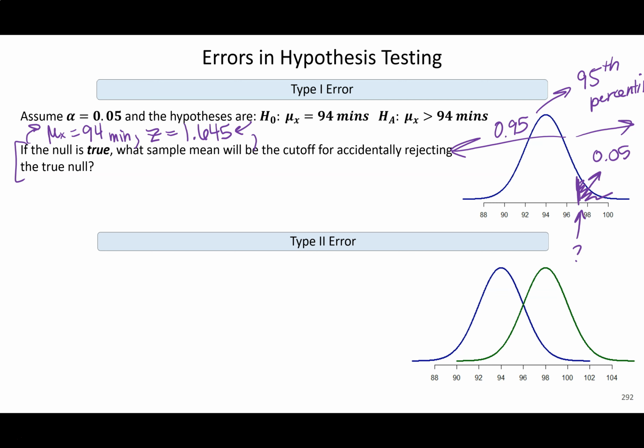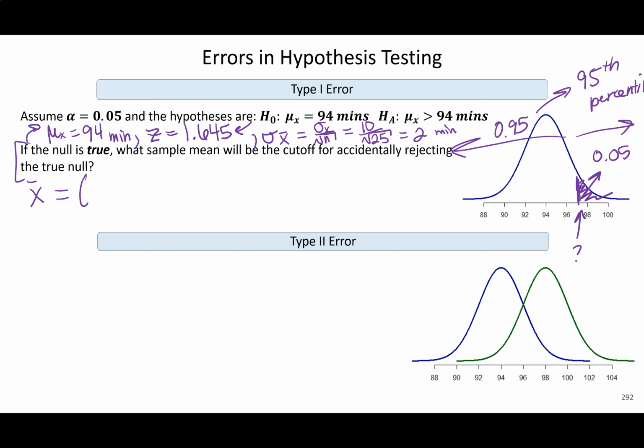So then, also sigma of x bar, just a reminder, that's sigma of x over the square root of n. So that was 10 minutes over the square root of 25, our sample size. So 10 divided by 5 was 2 minutes. Okay, so I'm throwing this back into finding the value of x associated with whatever percentile.